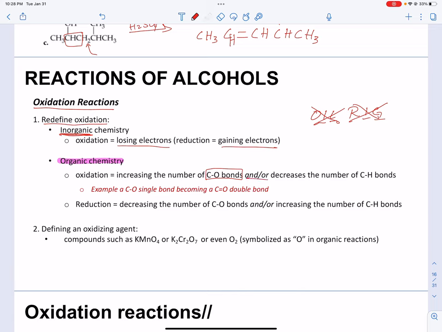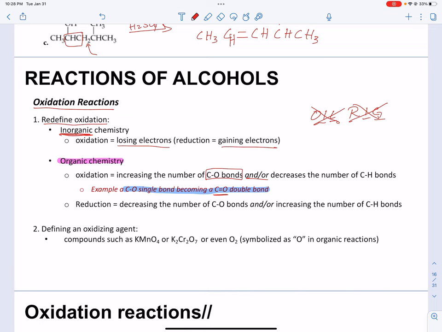So I like to give this example. A carbon-oxygen single bond becoming a carbon-oxygen double bond. Here you're going from one carbon-oxygen bond to two carbon-oxygen bonds. Okay, a carbon-oxygen single bond represents one carbon-oxygen bond. A carbon-oxygen double bond right here represents two carbon-oxygen bonds.